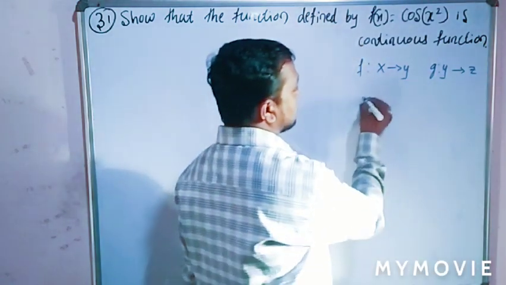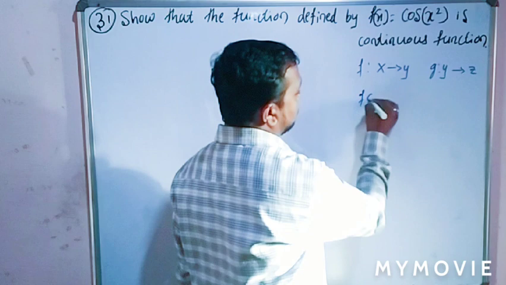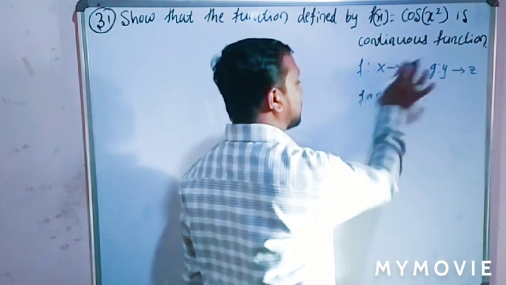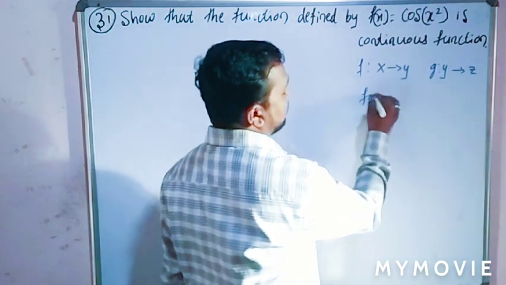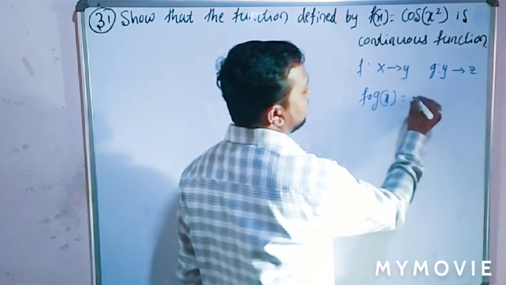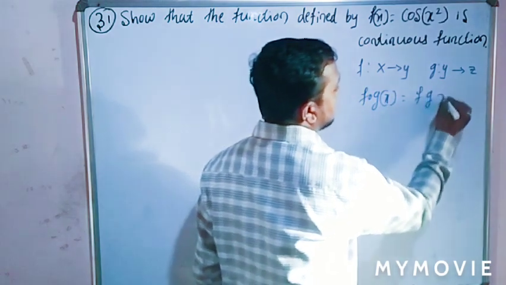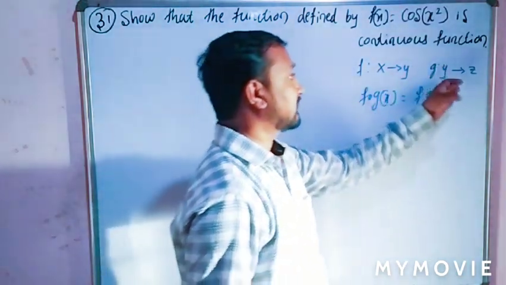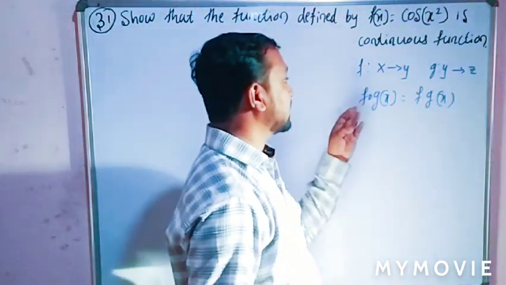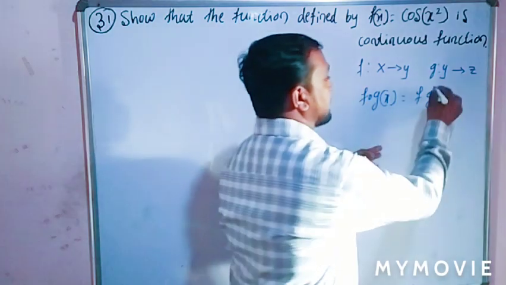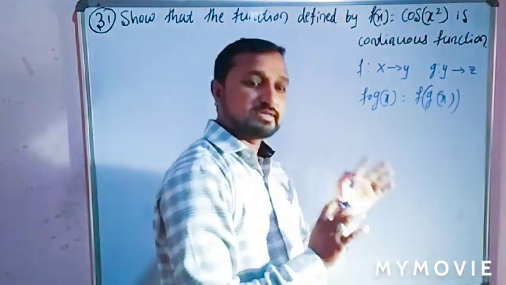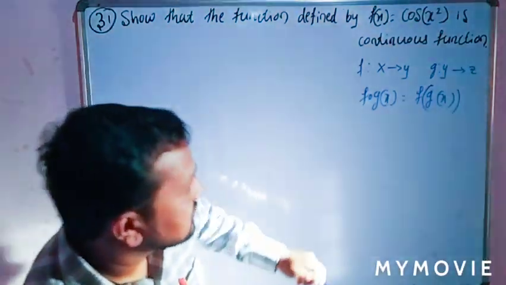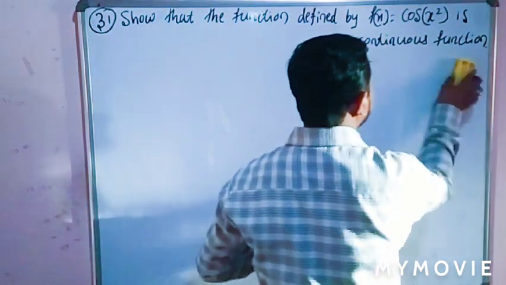Then f composition g of x should be defined as f of g of x. Then the composition of functions f composition g of x equals f of g of x. Is that clear? We already discussed this concept.